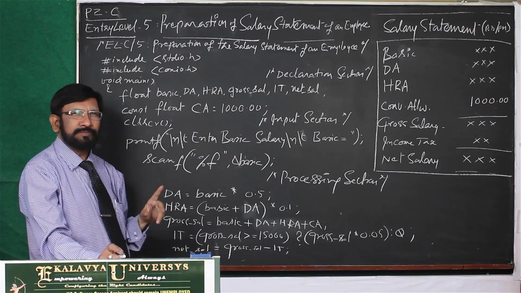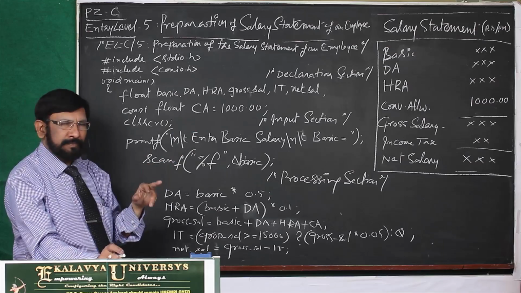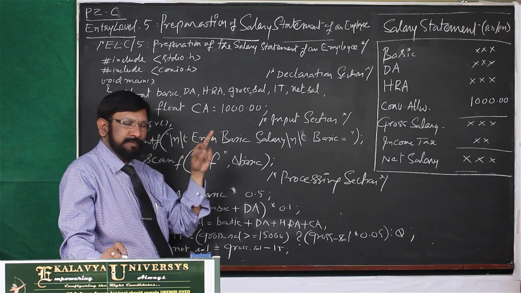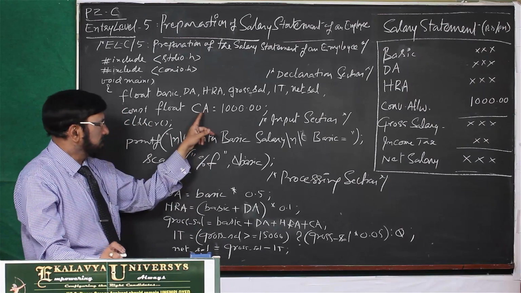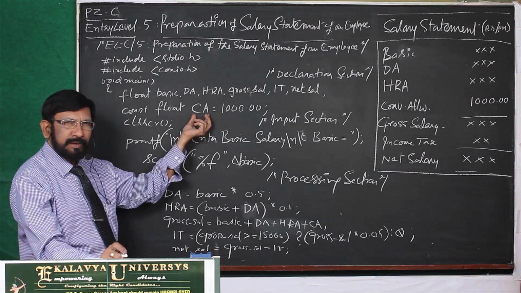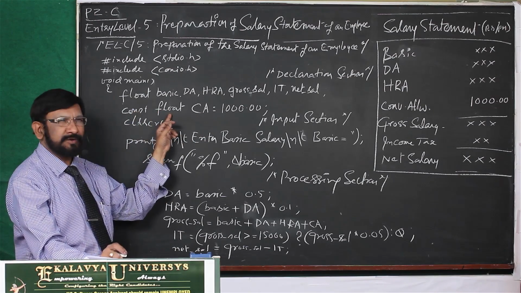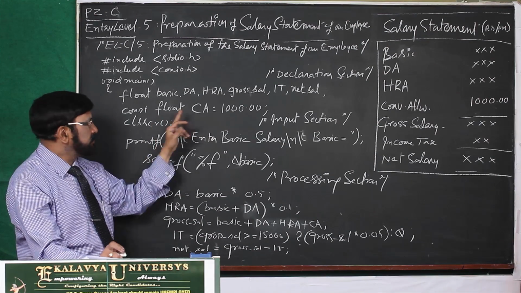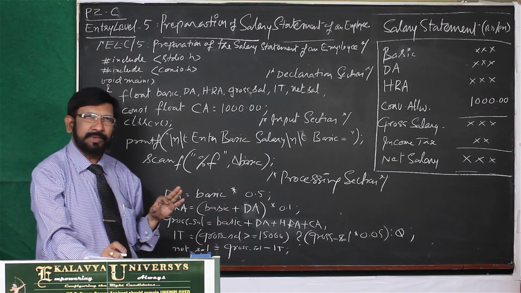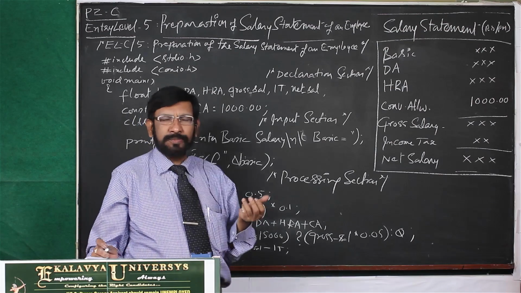CA we are using. Here one thing: I haven't written it in capitals not only because of the abbreviated form. Actually, whenever you declare constants, the convention is to use uppercase letters. Why uppercase?